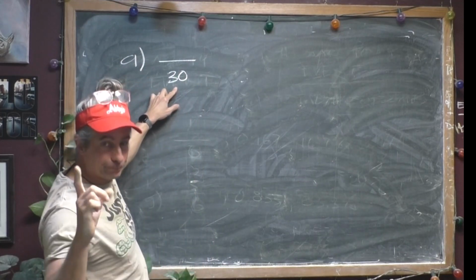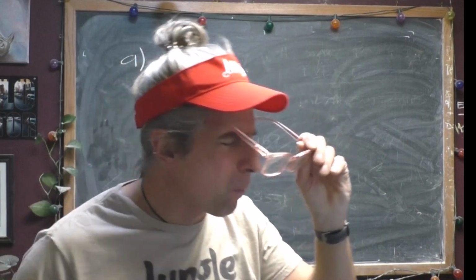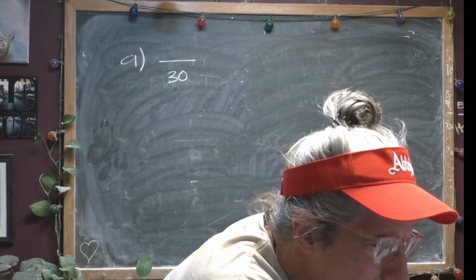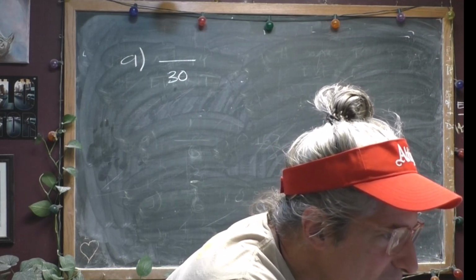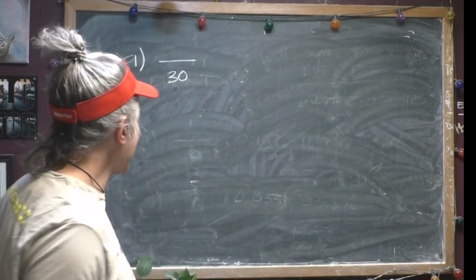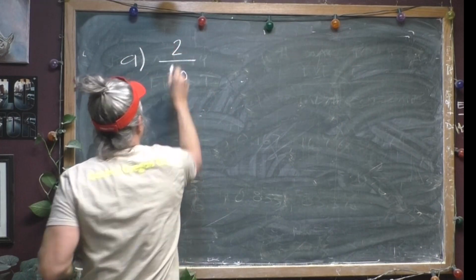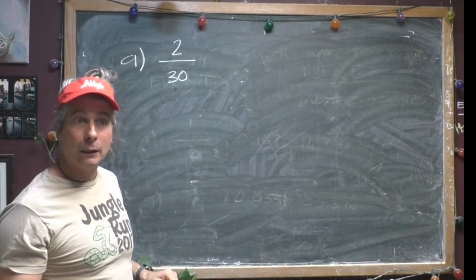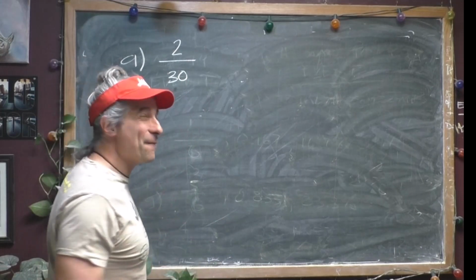How many times did we get 3? Let's see, not on the top. 2, 3, 4. I got 2 on the bottom, the two 3s. So the probability that I just observed of getting a 3 was 2 out of 30, 1 out of 15.